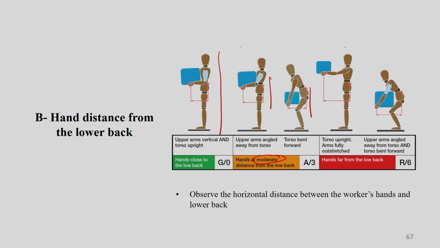Or the upper arm is angled away from the torso and the torso is bent forward. Here the bending is not that much, whereas in the red zone it's quite more. And hands far from the lower back. Here the hands are at a moderate distance, whereas there the hands are farther from the body.